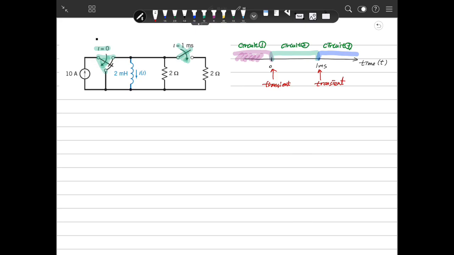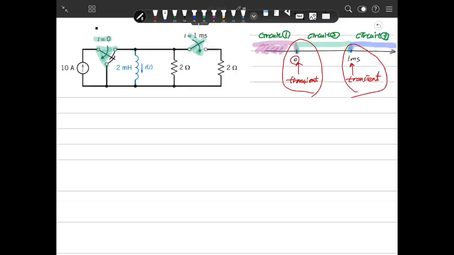So we need to solve the first circuit at this moment here, and we need to solve the first circuit again at this moment. That's the only difference. Everything else is the same. So we need to start at this point here.